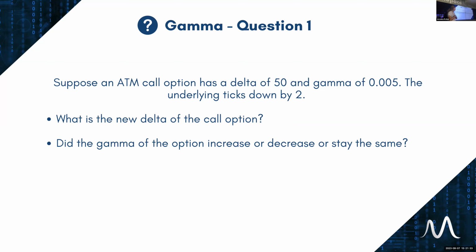And a little bit of a trick question. Did the gamma of the option increase or decrease or stay the same? So after the underlying ticks down, what do you think happened to your gamma? Tom. So we had an at the money call, gamma 0.005. Underlying ticks down. What do you think happens to the gamma?